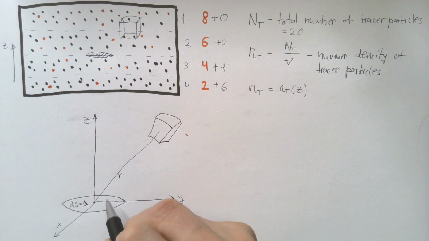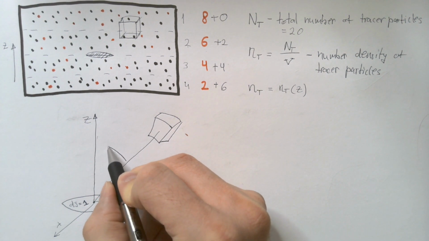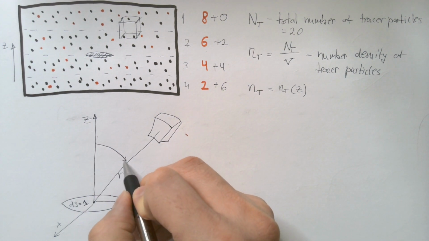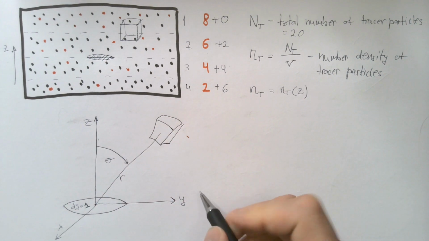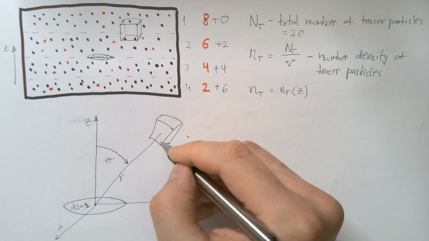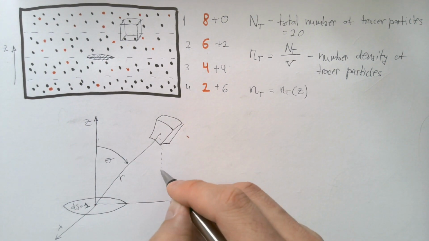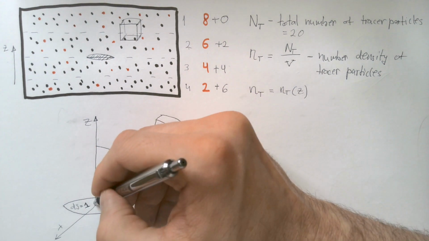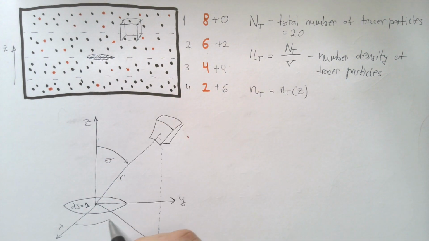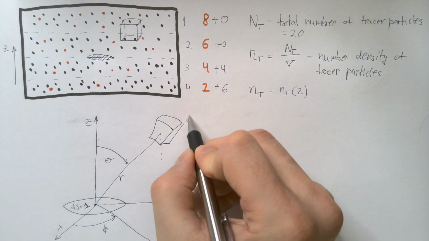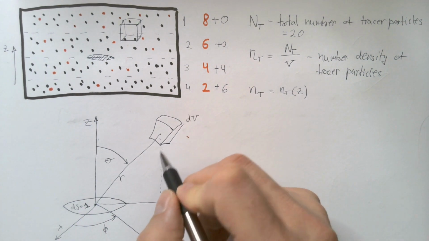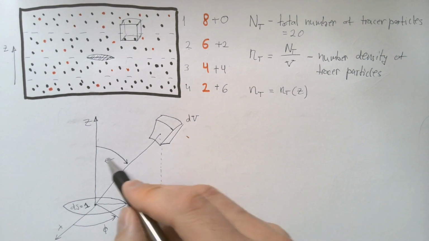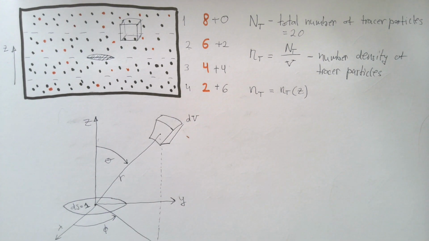In spherical coordinate system, this angle is theta. And as always, we have to project this radial distance to the xy plane to get our angle phi, azimuthal angle phi. So this volume element dv has coordinates r, theta, phi in spherical coordinate system.